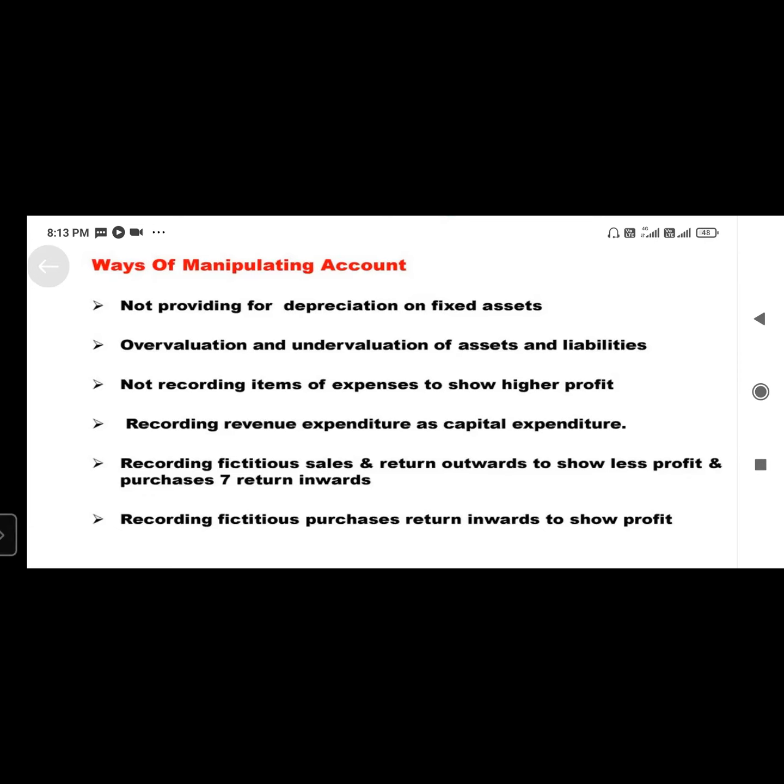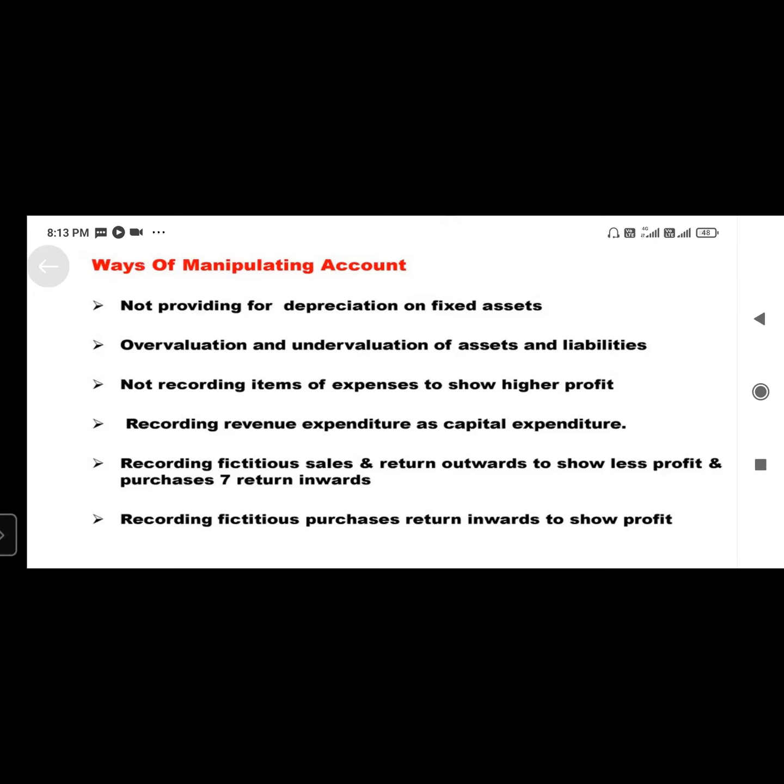That is the simple reason. And because of that, although it is written in the manual of the organization that in the financial statements, in the balance sheet, no manipulation should be done, still, for the sake of more money, there are companies which are into this type of practice.